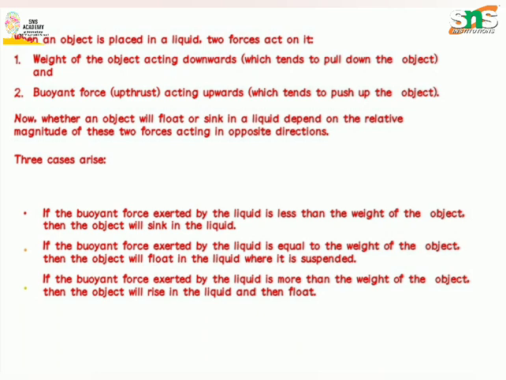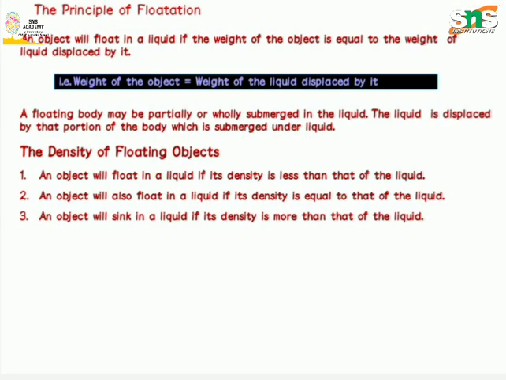If the buoyant force exerted by the liquid is equal to the weight of the object, it will float in the liquid where it is suspended. When the buoyant force exerted by the liquid is more than the weight of the object, it will rise in the liquid and then float. So this is all about buoyancy, upthrust and Archimedes principle.